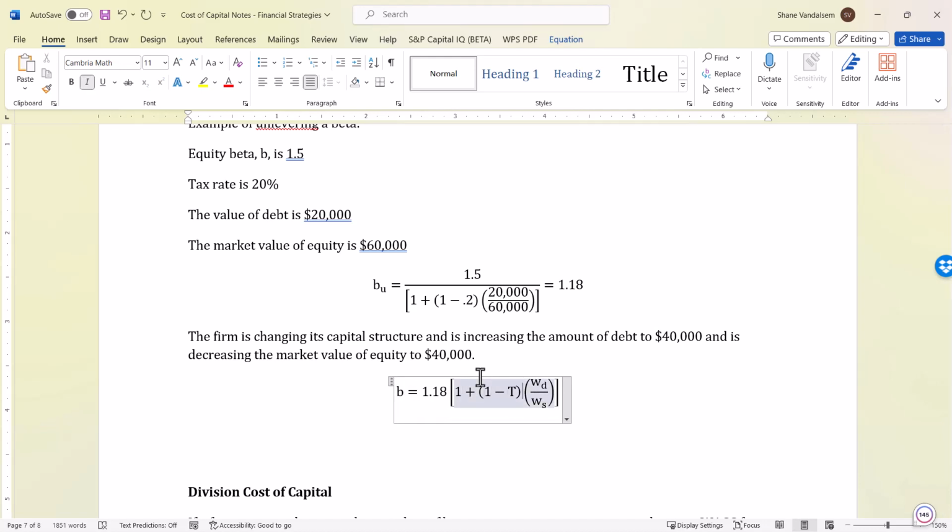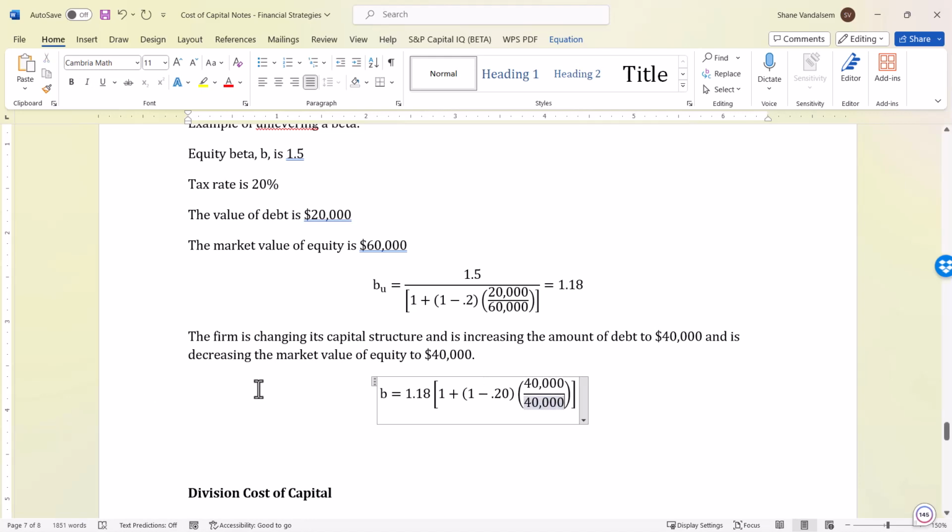My tax rate stays the same at 20%. And then my weight of debt divided by weight of equity, and again I can just fill in the numbers here, 40,000 divided by 40,000. This number is just going to be 1. But when I go to calculate it, I'm just going to put a 1 in there because that's what it is.